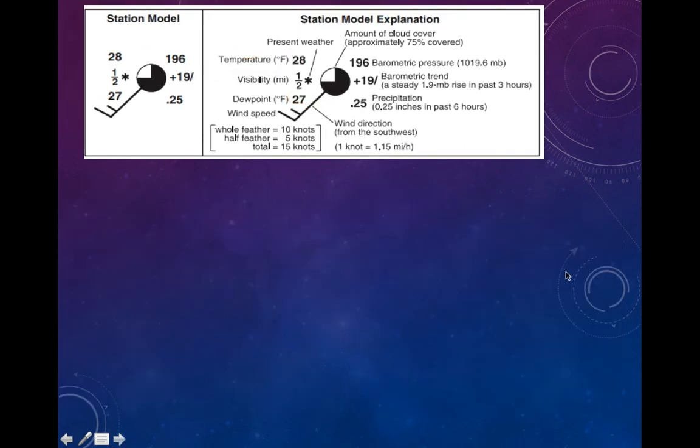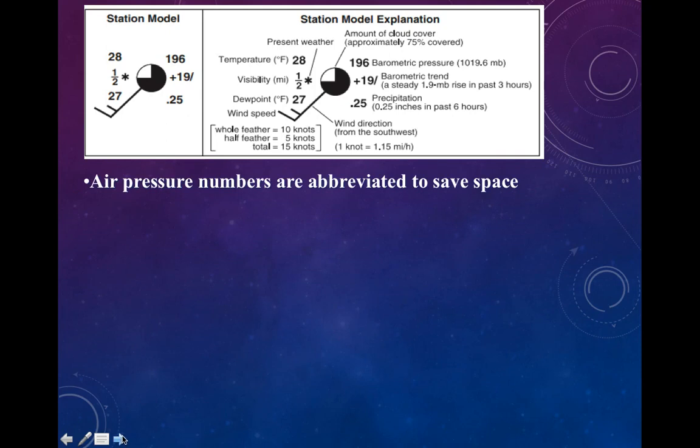Therefore, D is the answer. Okay, moving along. Let's do the toughest thing, and that is air pressure. So air pressure on our station models, we abbreviate. We abbreviate because, again, we use these station models to save space on the weather map. So if you take a look, the normal air pressure at this station that is given to you on your reference table is 1019.6. Count the digits. That's 5 digits and a decimal point.